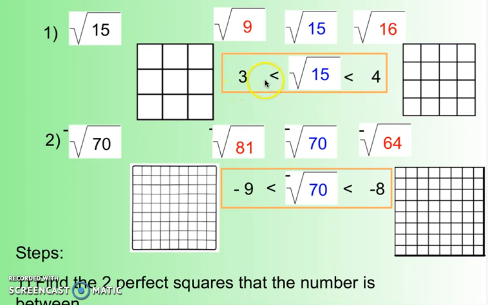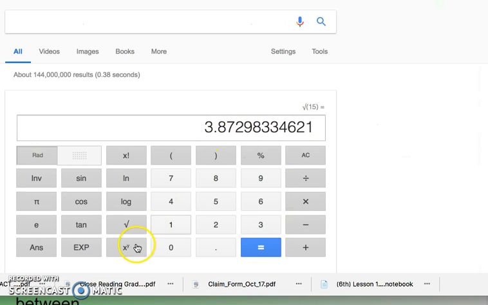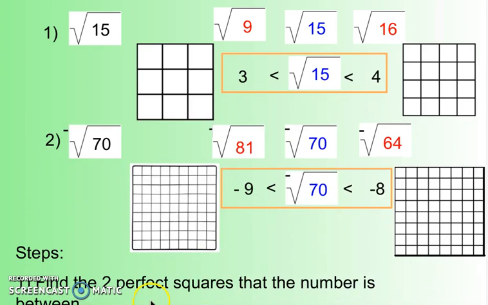We could say 3 is less than, because this is a less than symbol, 3 is less than square root of 15, which is true because square root of 15, remember, we found out was 3.8729, etc. So 3 is smaller than that, which in turn is also less than 4. And it is. So this is how our answer will look today.